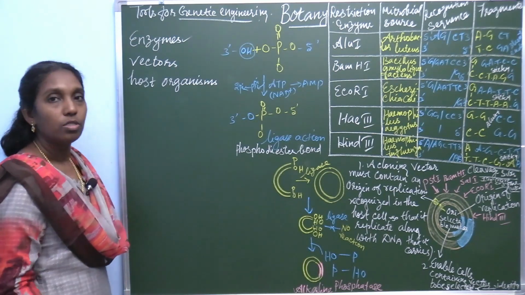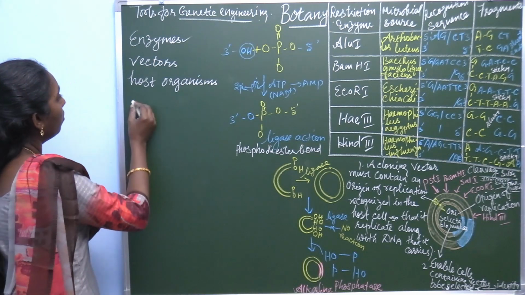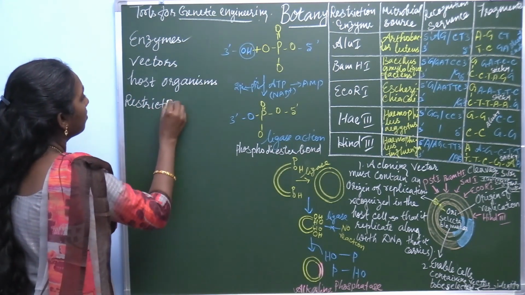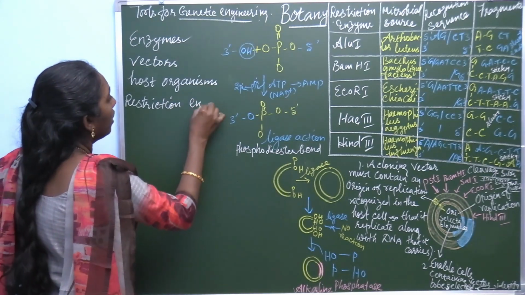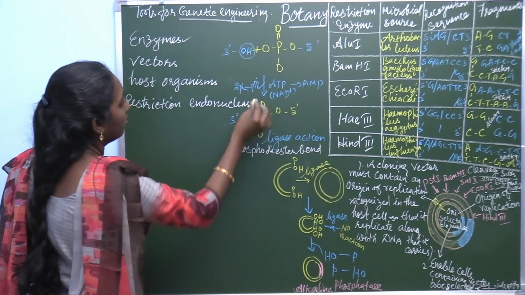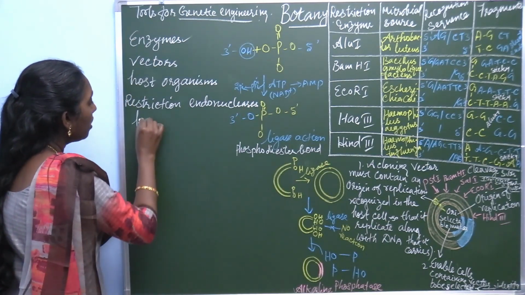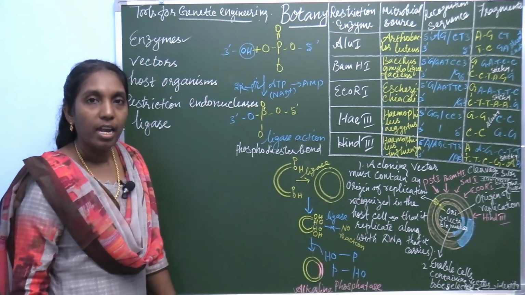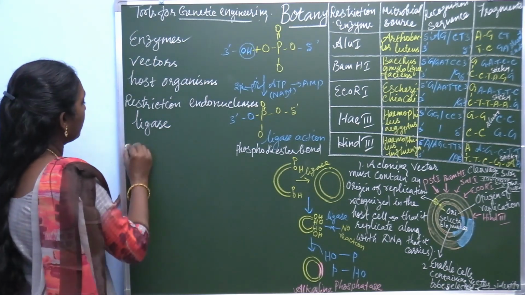There are three different enzymes involved, namely restriction endonucleases, DNA ligase and alkaline phosphatase.